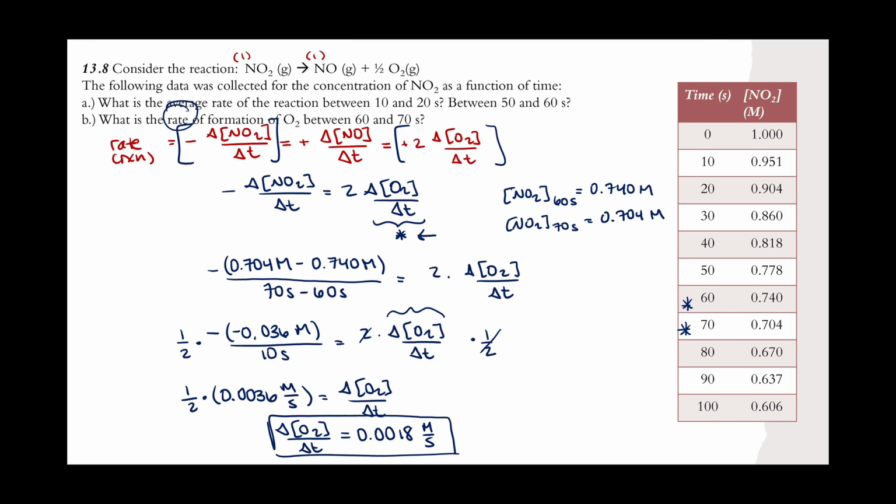It's asking for a rate. If it was asking for a concentration of the oxygen gas, then we would do an additional step where we plug in the change in time in the denominator and solve for the concentration. But because it was asking for a rate, we want our answer to be in units of a rate, which is molarity per second. So that was kind of a shorter video.